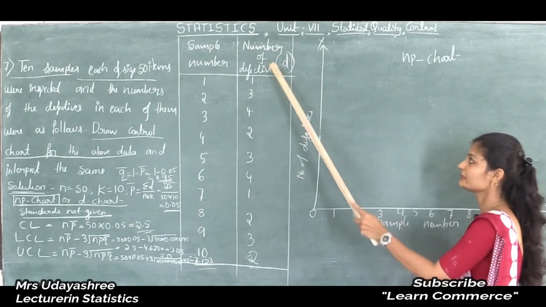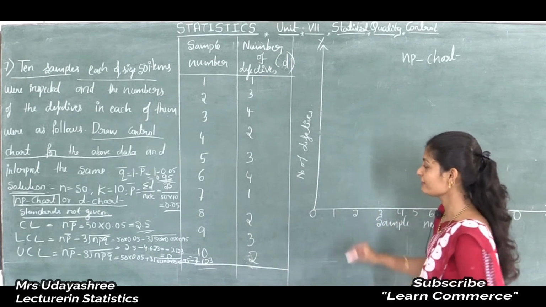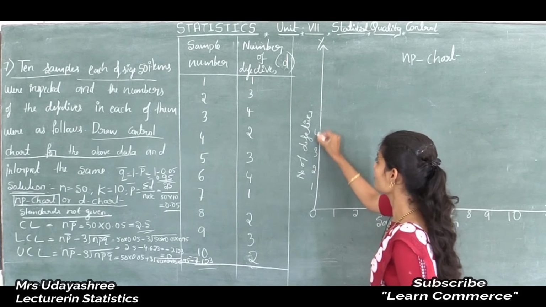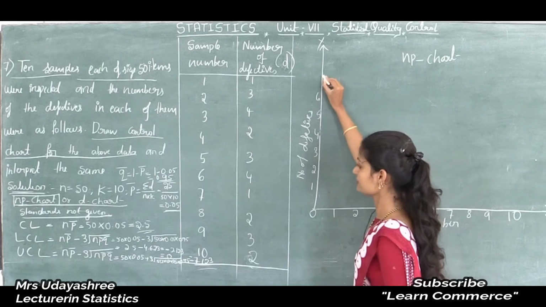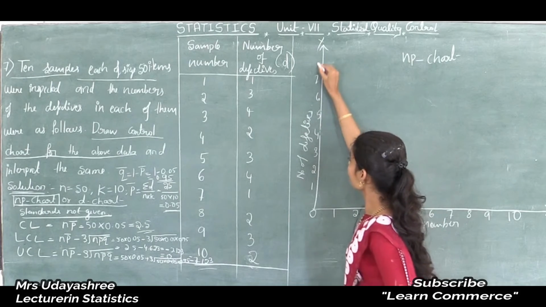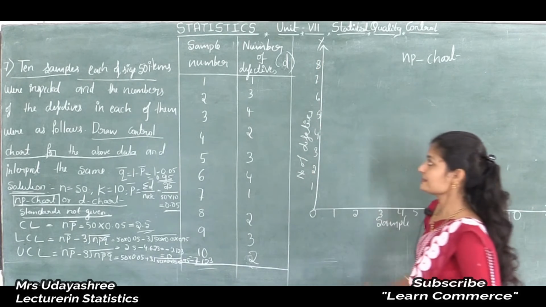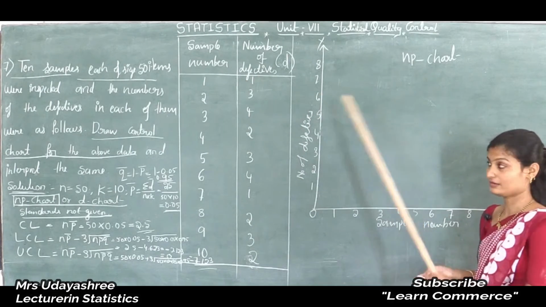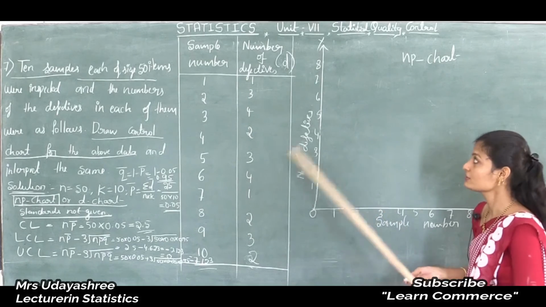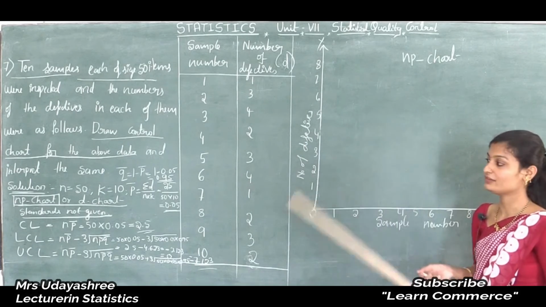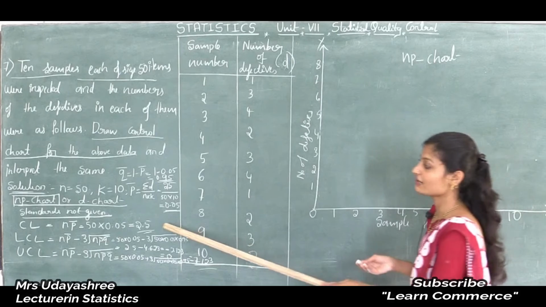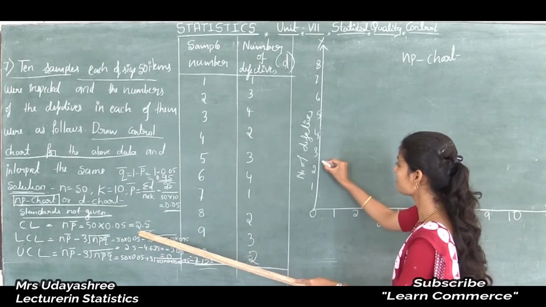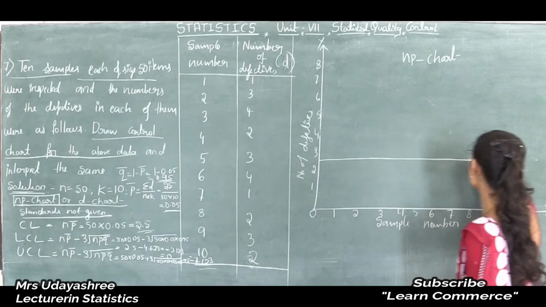And here the number of defective values are like this. So I will take 1, 2, 3, 4, 5, 6, 7, 8. Okay, I will stop here only. Next I will plot these values on this graph. Before that I will draw horizontal lines. First I will draw the central line, that is 2.5. So 2.5 comes here. I will draw one horizontal line like this.